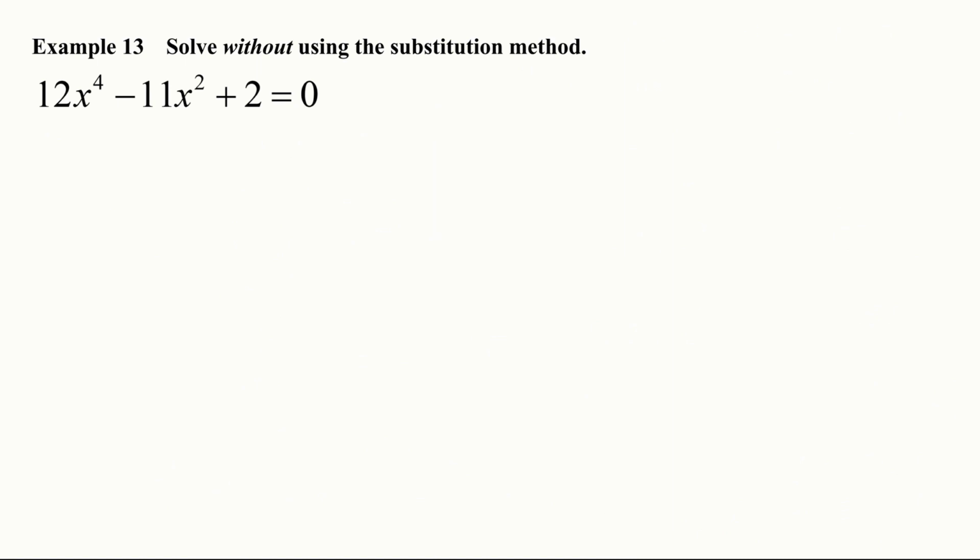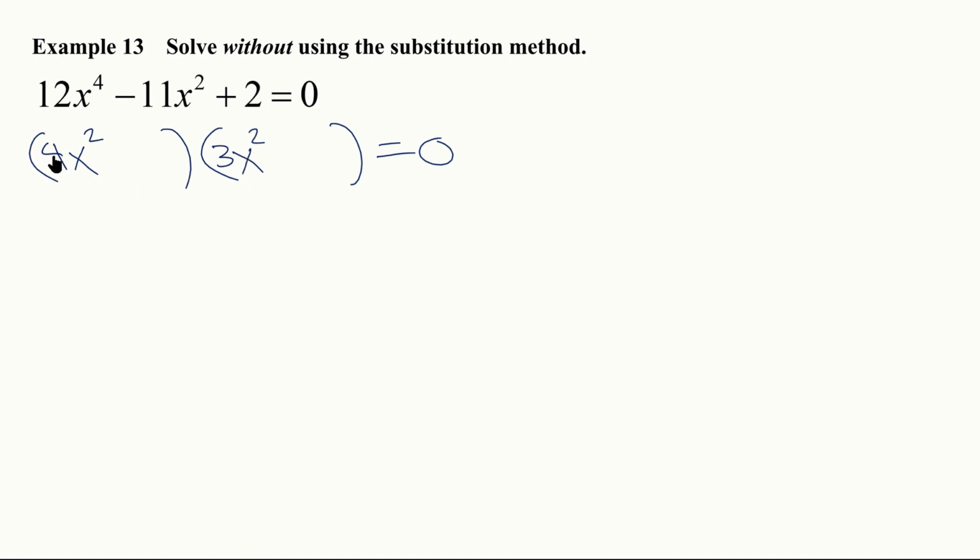So remember, we're just going to factor right away. We're looking for 2 expressions whose product is going to give us 12x to the 4. So the numbers are going to be very similar to what we used before. I think we used 4 and 3, right? So 4x squared and 3x squared.